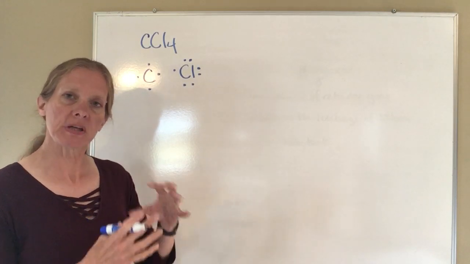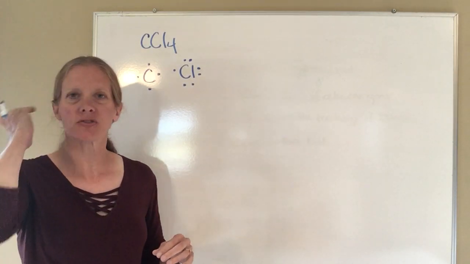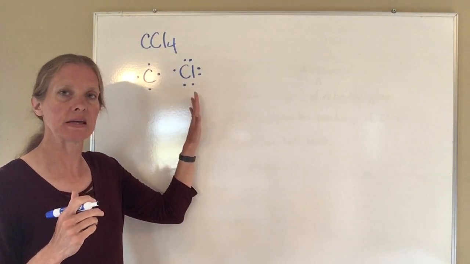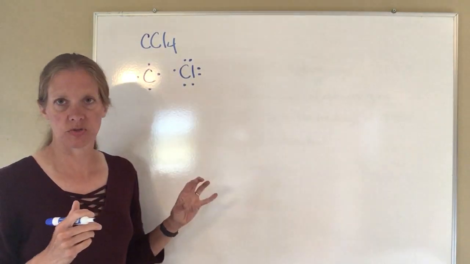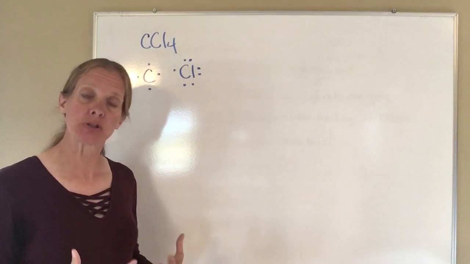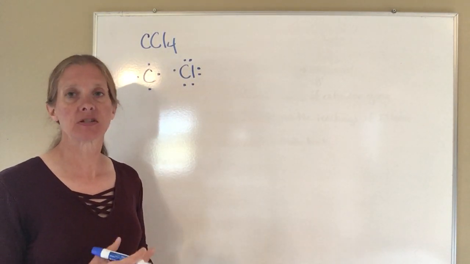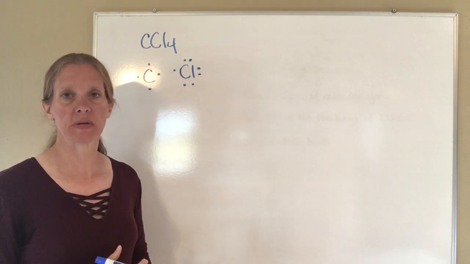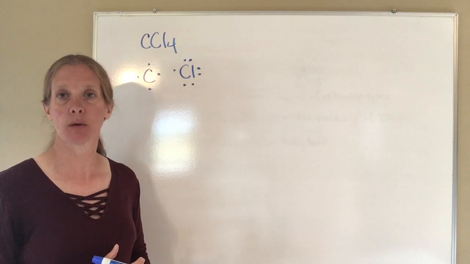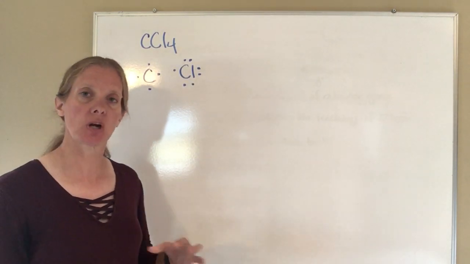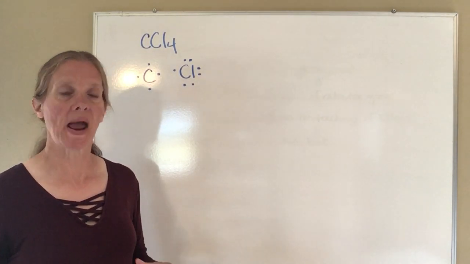Now, when we start building these molecules, after you get what each individual atom looks like, the first thing you want to ask yourself is which one of the atoms needs the most electrons in order to become happy, to become satisfied. As a general rule, the atom that needs the most electrons to be happy is the one that you're going to put in the middle, so that it can make the most bonds and share with the most number of other atoms.